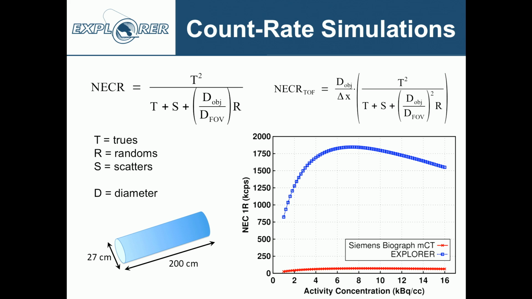That's because of dead time and pile up in the detectors and the electronics. But typically, we're operating down in this range in a clinical scenario. And this particular simulation was for this phantom here, which was a very crude approximation of an adult human body, a 27 centimeter diameter cylinder, 2 meters long, uniformly filled with activity. So this encouraged us that there was a huge performance gain to be had.